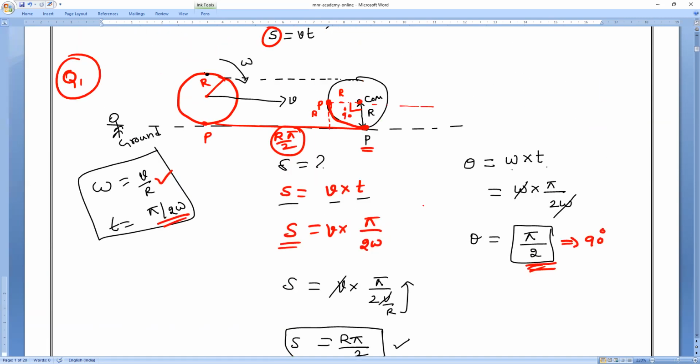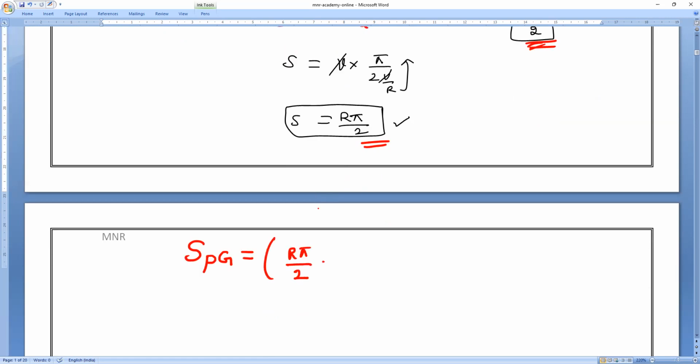And it has not stayed at the x-axis point P, but it is shifted in y. Now it rises above to this point. So how much has it risen from the x-axis? R distance it has gone away. So we can write it as R pi by 2 minus R in the x-axis, plus the y-axis.